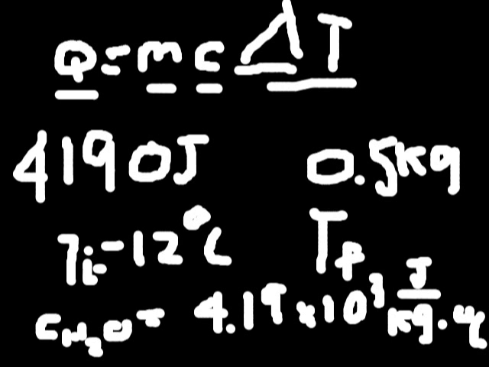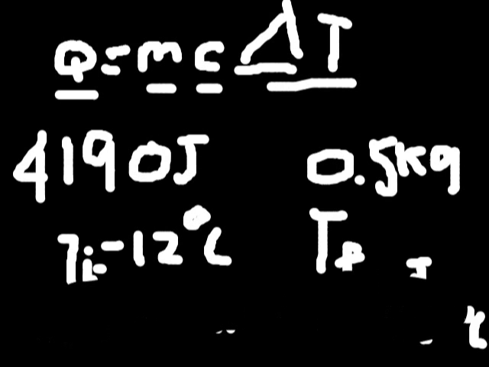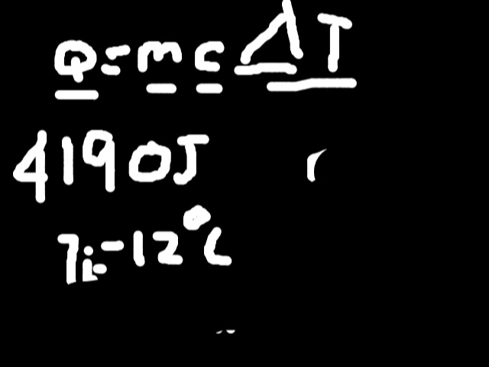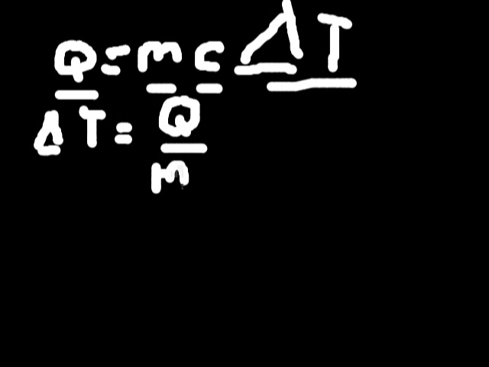Let's solve this problem. So you might want to pause this video real quick. So how did we solve this? Using this equation, the first thing I would do is solve for change in T. So change in T is equal to Q over MC.